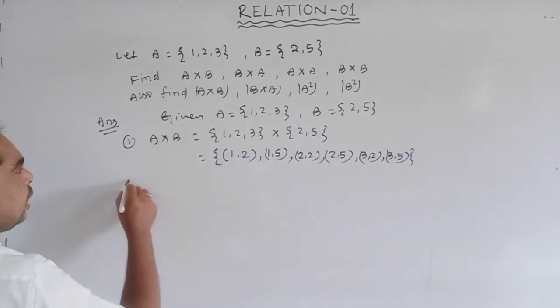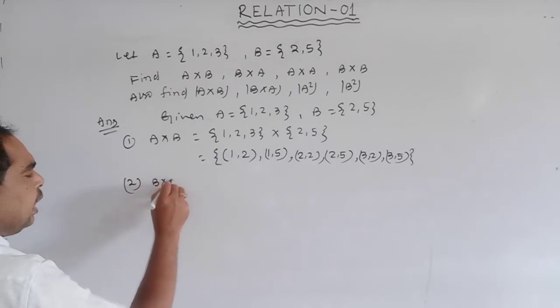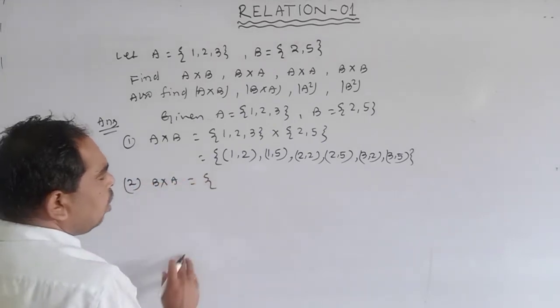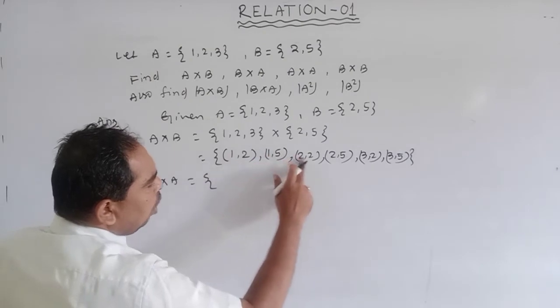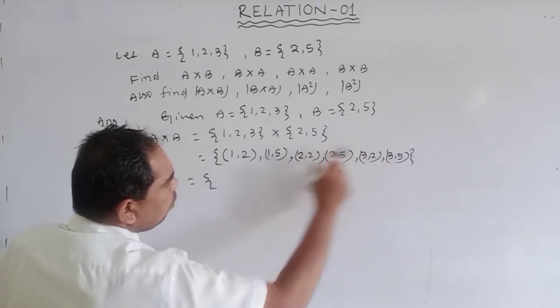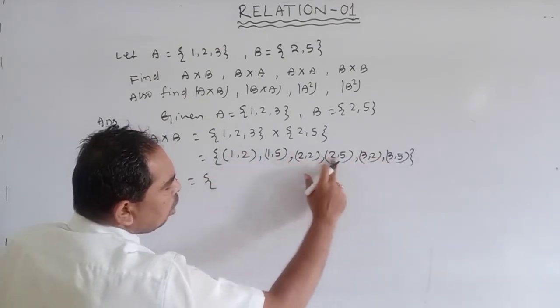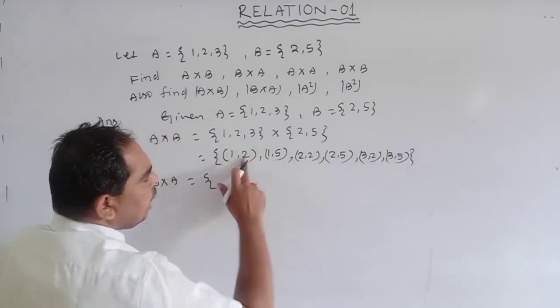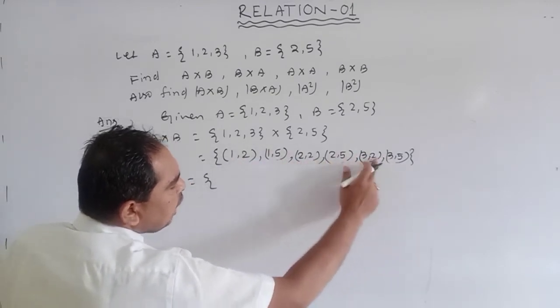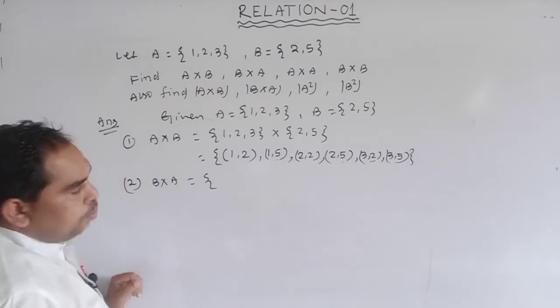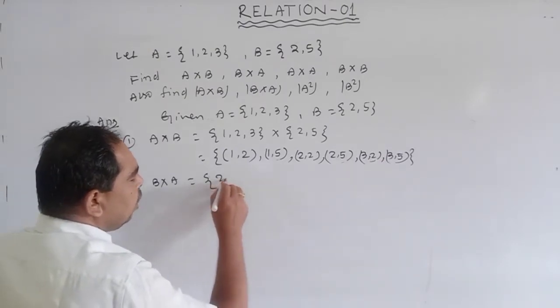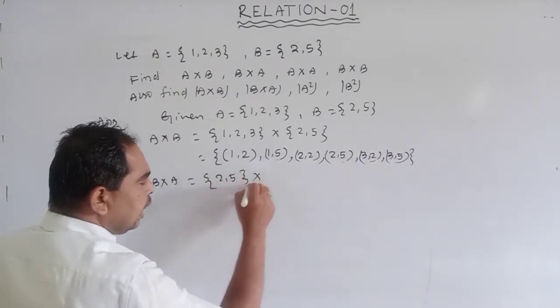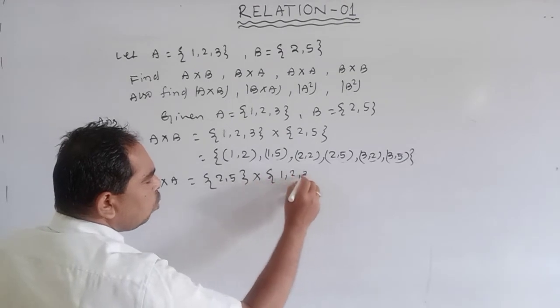This is A into B. Second, B into A. The first element of this set belongs to set A, and the second element of this set belongs to set B. Next, B into A: {2, 5} into {1, 2, 3}.